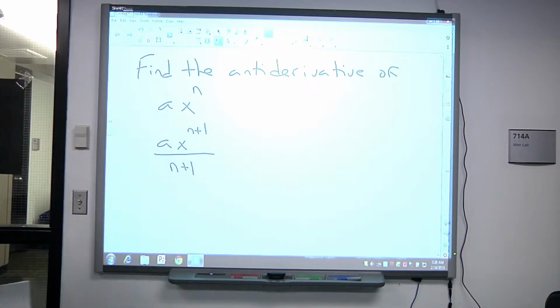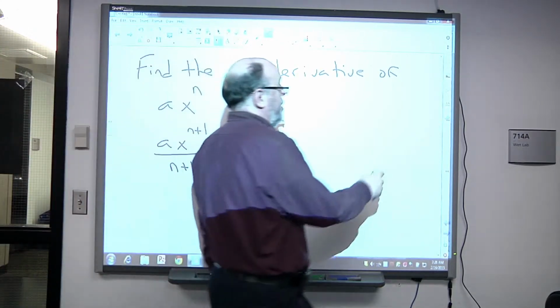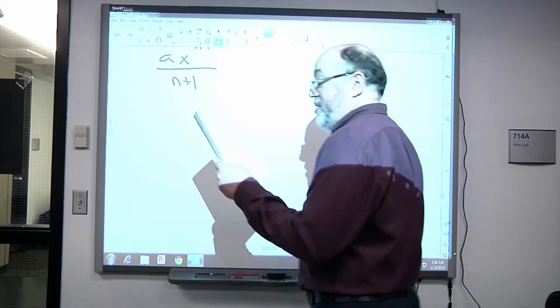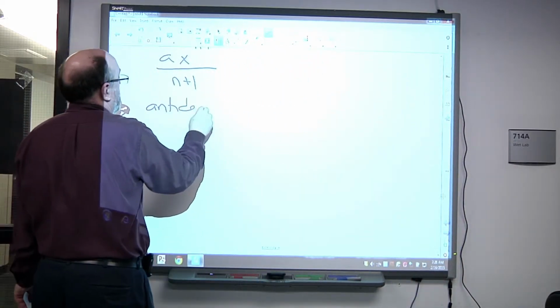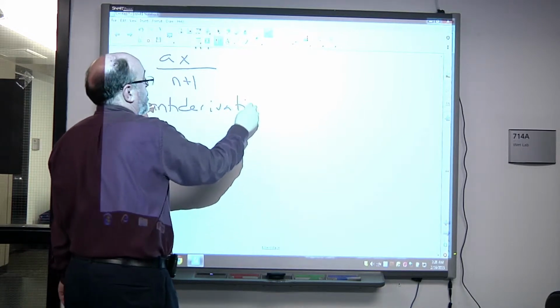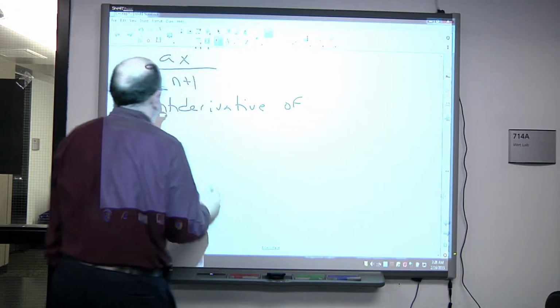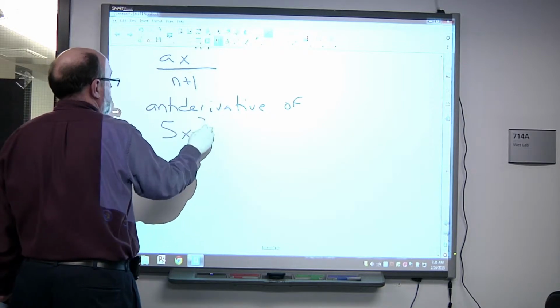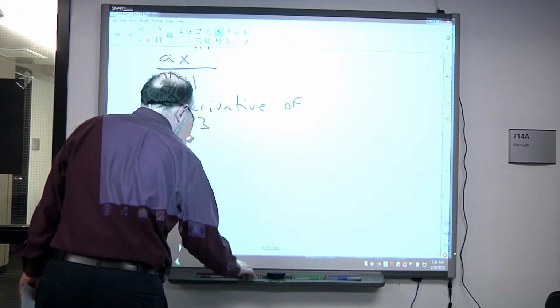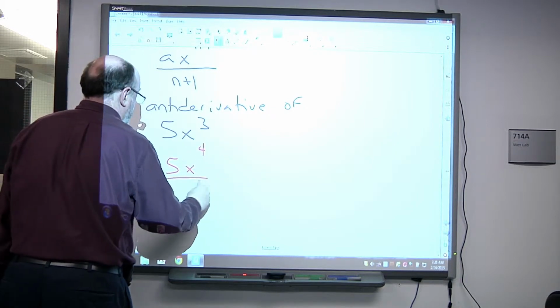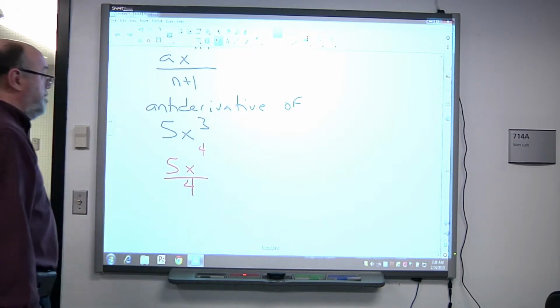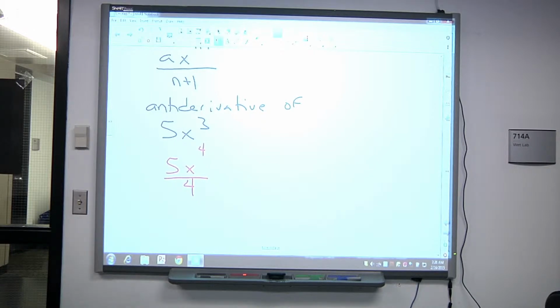Right? So, for example, the antiderivative of 5x cubed will be 5x to the 4th over 4. So we add 1 to the exponent and then divide by that same number.